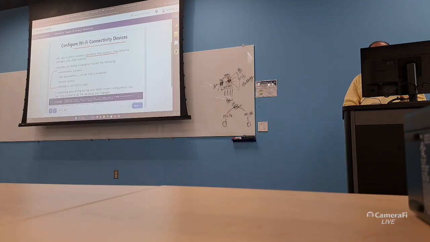Every access point has these values to be provided: the administrator password, the SSID, whether or not the SSID is broadcast, security options, and whether or not DHCP is used. All these are the options you set in your Wi-Fi device or connectivity device.